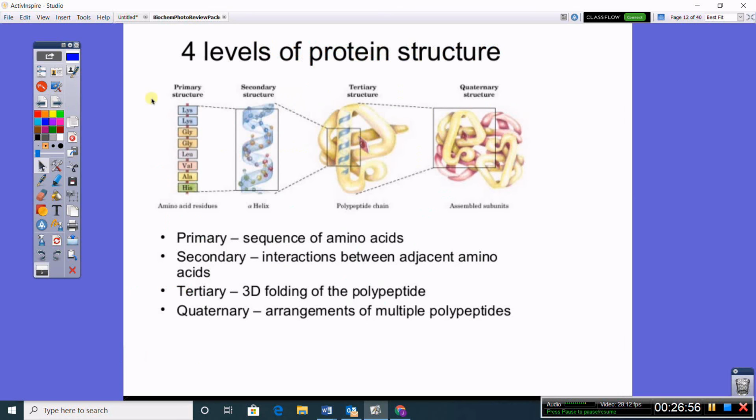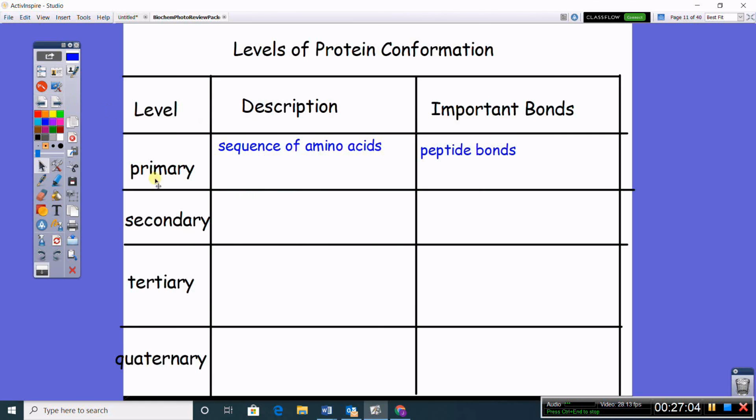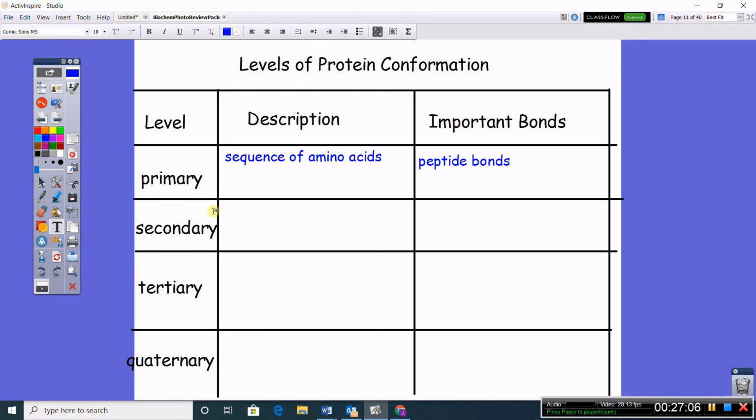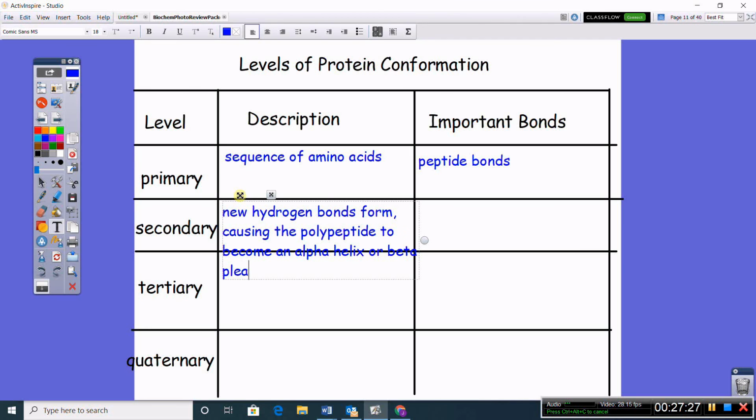So going back to this, let's go back to our picture. Secondary structure can be an alpha helix or a beta pleated sheet. And so we would say that new hydrogen bonds form, causing the polypeptide to become an alpha helix or beta pleated sheet.